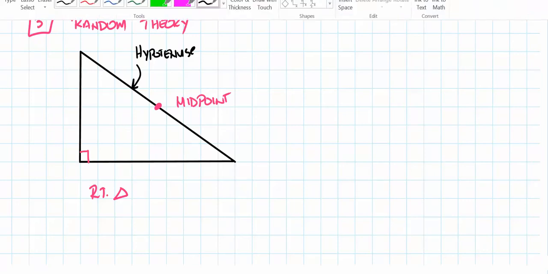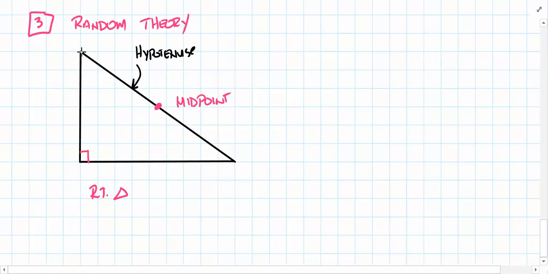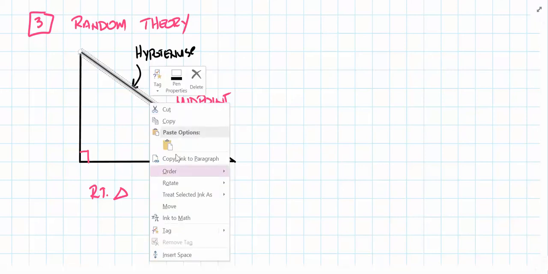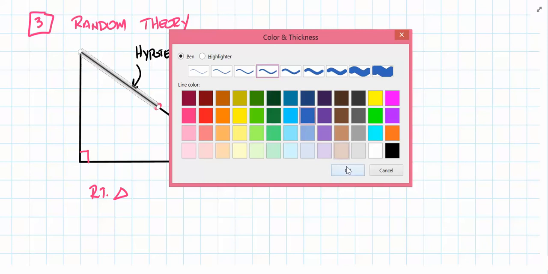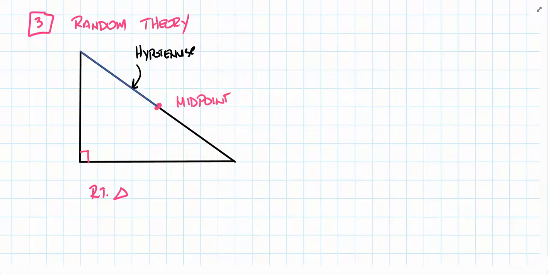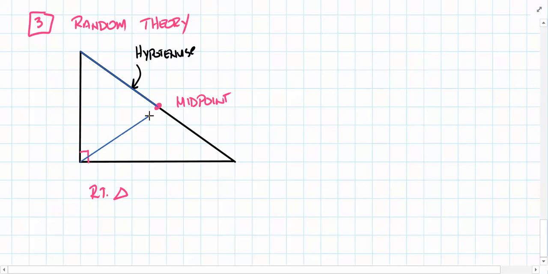From this vertex to the midpoint, which we'll do in blue so you guys can see, and then from this vertex to the midpoint, and then from this vertex to the midpoint, those are all congruent segments. It's equal distance from all three vertices.